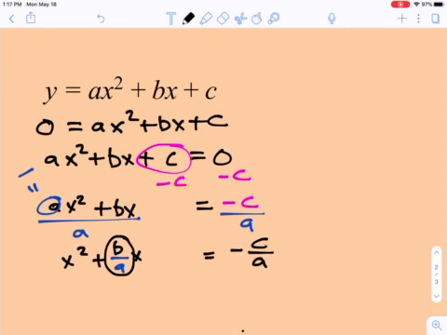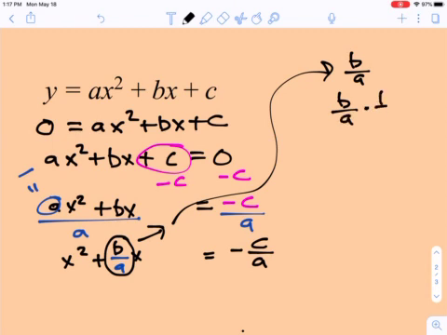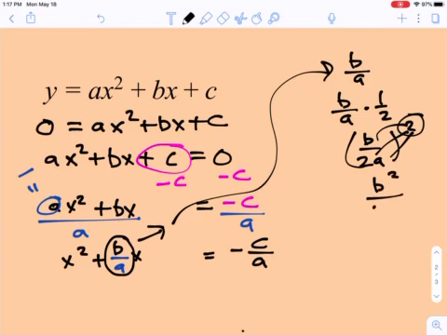We're going to take this b over a term, multiply it by 1/2, which is the same as dividing it by 2, and that's going to give me b over 2a. And then we are going to square it, so you apply this to everything inside the parentheses. So you get b squared over 4, because that's what 2 squared is, a squared.